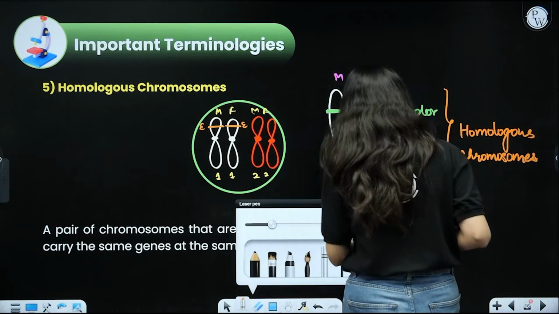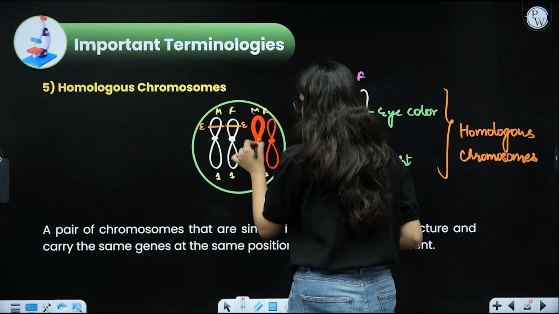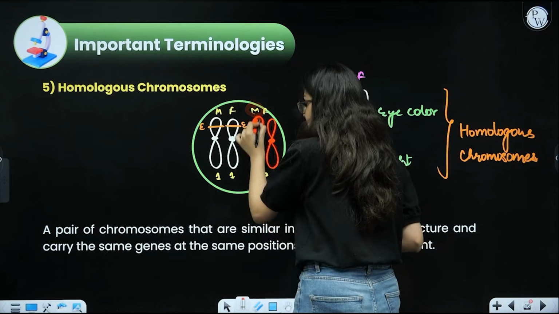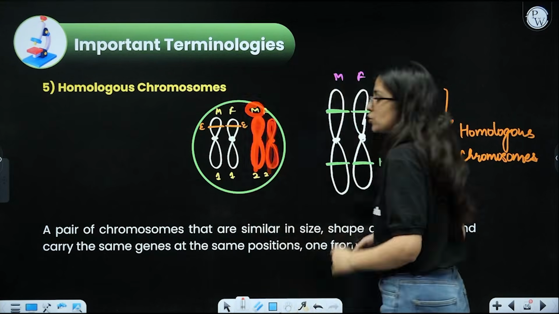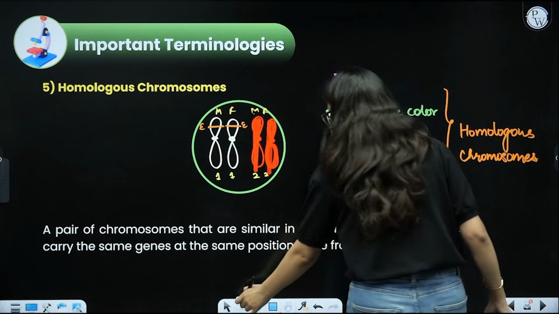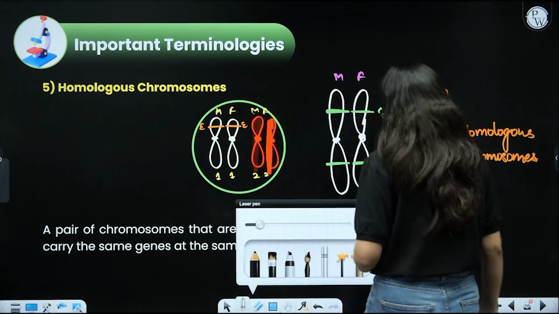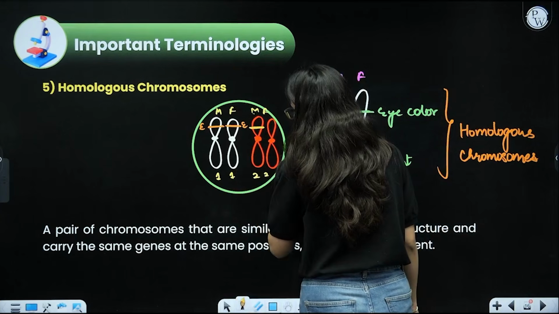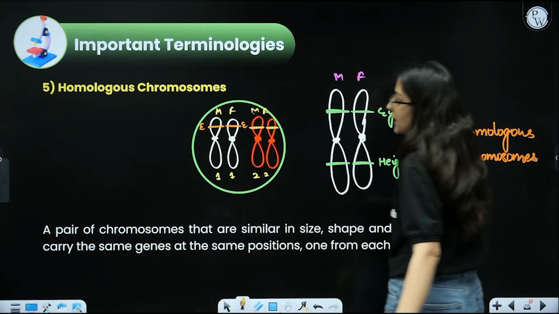Over here you see one chromosome from the mother and the other from the father, both with the same structure, shape and size. So the gene distribution is also the same, and thus they are called homologous chromosomes. If over here there is a gene for, let us say, body shape, then over here the gene is for body shape as well.